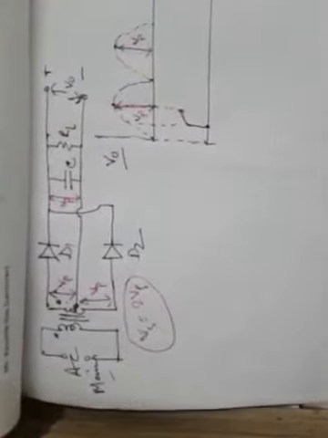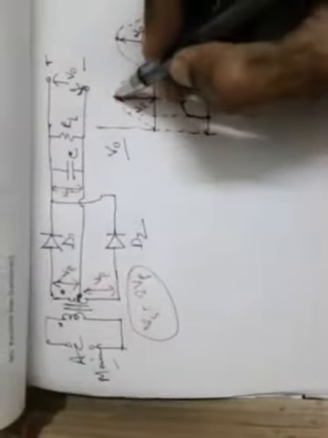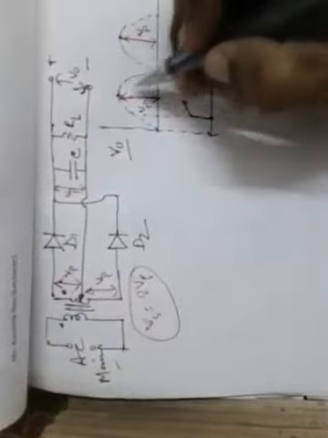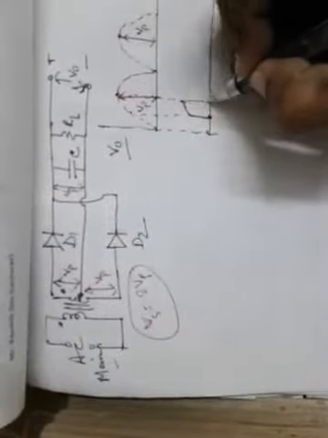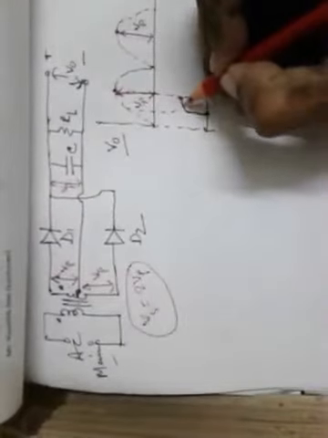Now, we can see that at this point of peak charge, when due to the natural nature of the input signal it starts to decrease, the diode conduction will be stopped. So at this point the diode current will come down to 0 once again.